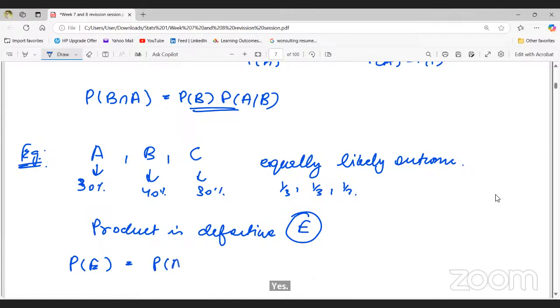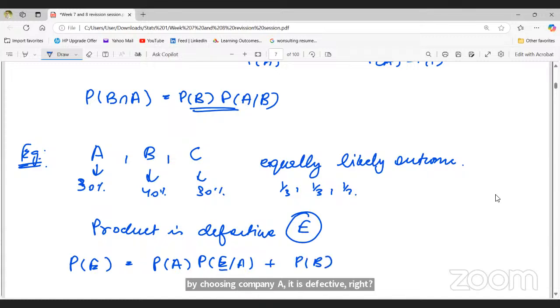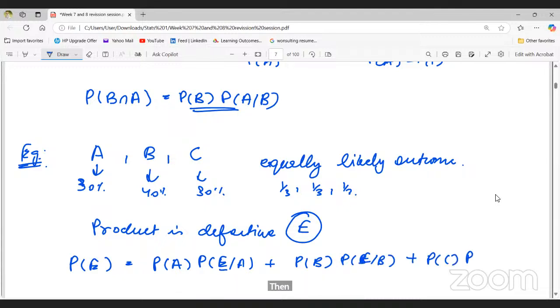It is the probability that I have chosen company A, and given A, it is defective, plus similarly, I have chosen company B, then probability of E given B, then C, probability of E given C. Is this formula okay?